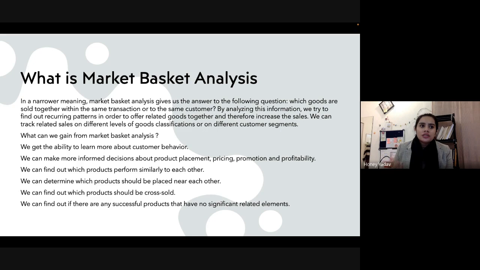Every Friday, they saw the highest transactions were in the combination of diapers and beer, and they identified that when you have a baby at home and you want to enjoy your Friday night, that might be the reason the association between diapers and beer was very high. They then used this combination to place other products related to babies, and some of the products that they were not selling.